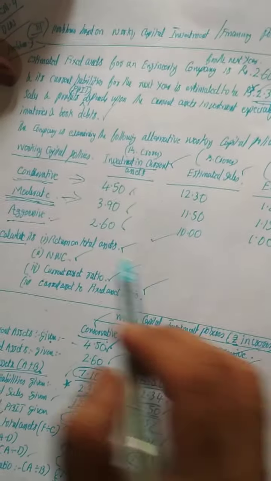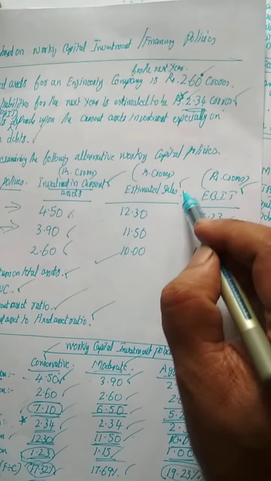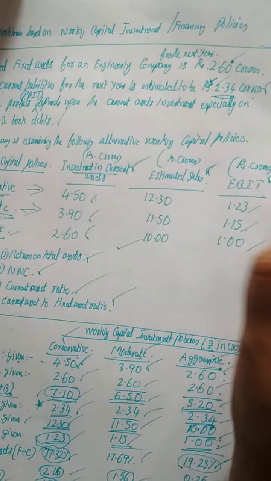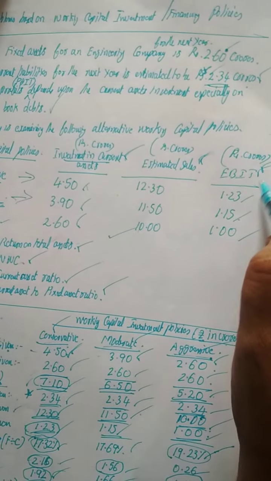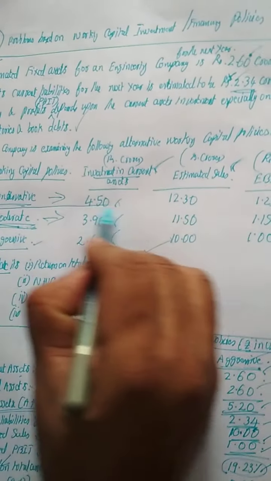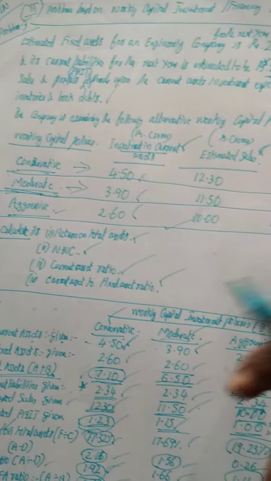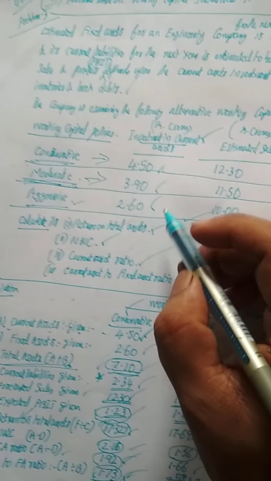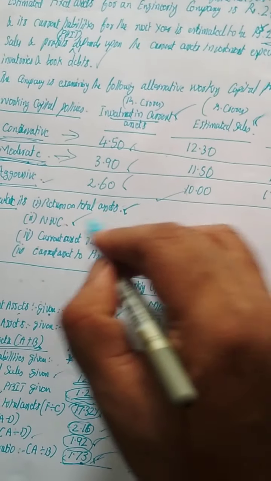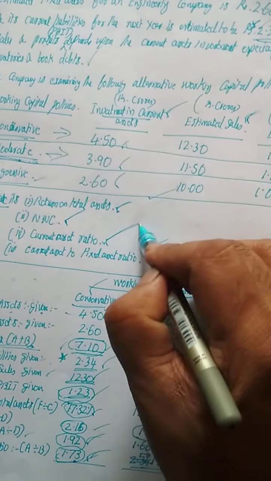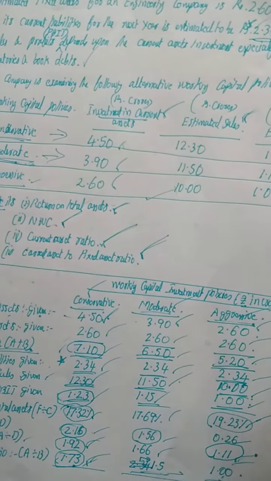And the current asset position, estimated sales and EBIT, earnings before interest and tax, in crores is given under conservative policy, moderate policy and aggressive policy. Then in the question they are asking, what are the changes that happen in the return on total assets, net working capital, current asset ratio, and current assets to fixed asset ratio?